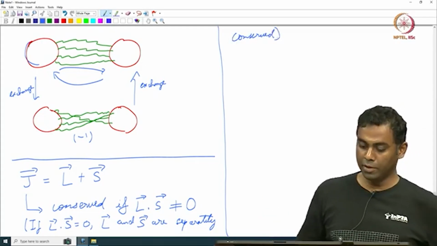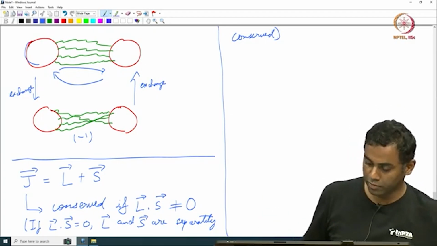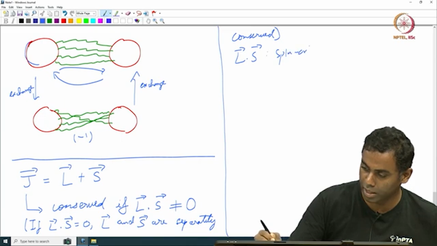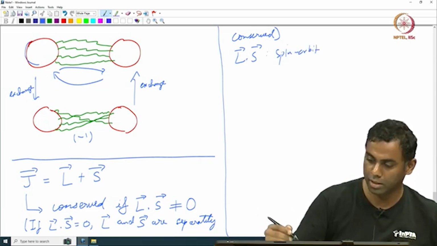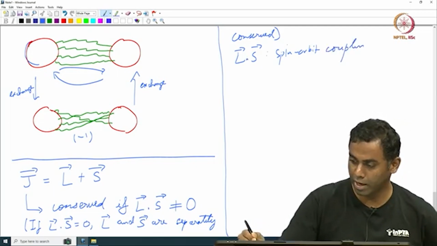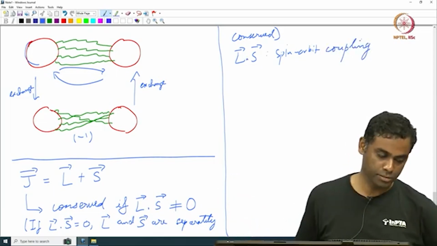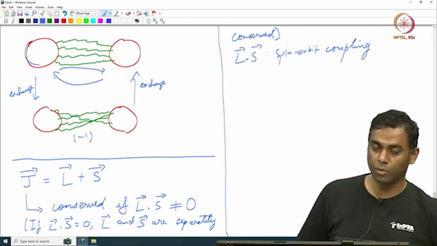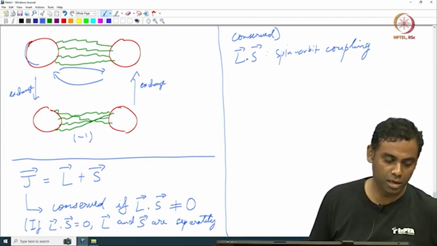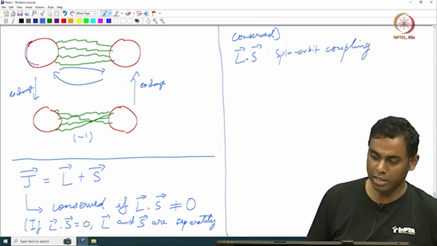But if there is an L dot S, in other words, if there is a spin orbit coupling, correct, this is spin, that is an orbital quantum number, right. In case you have that coupling, then you have to talk about the conservation of J in particle processes and other situations, right.